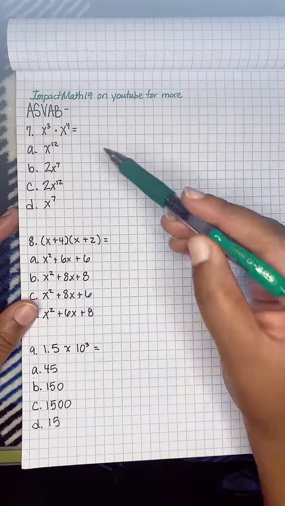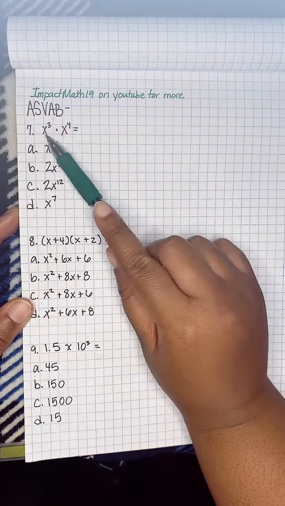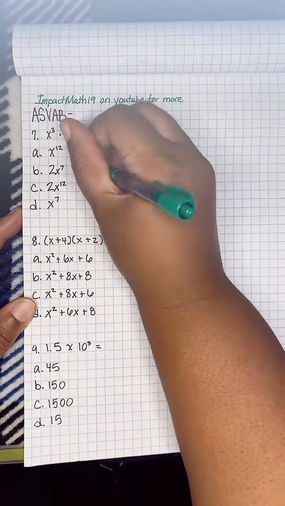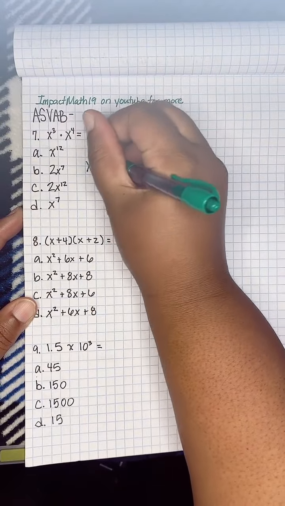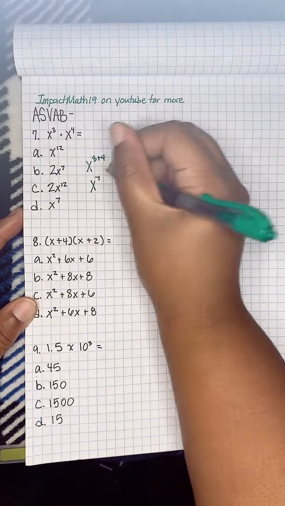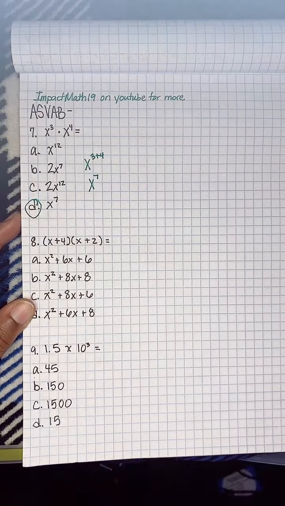The rule is whenever you're doing exponents and you're multiplying the variables, which means the letters, you add their exponents. So you're going to do 3 plus 4 and get x to the 7th. So D is our answer.